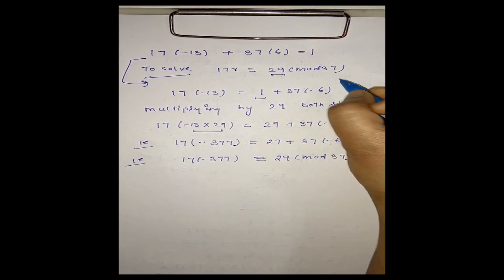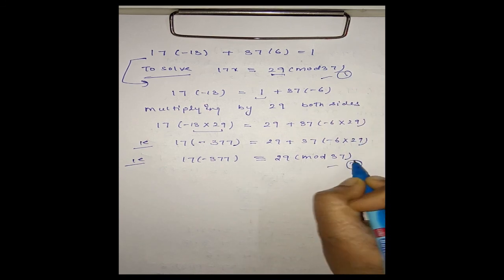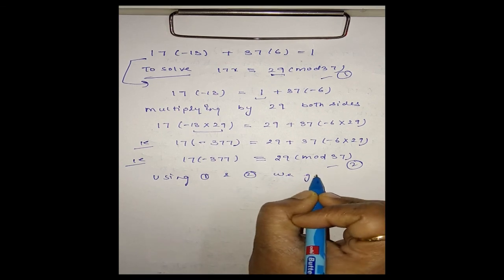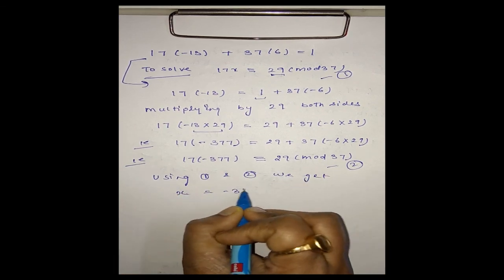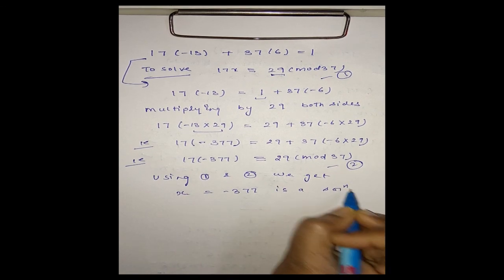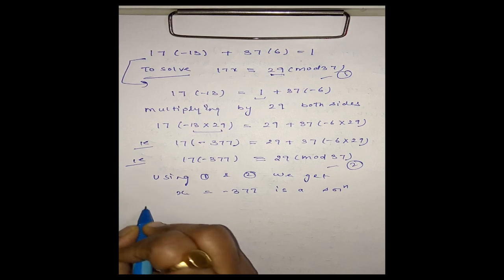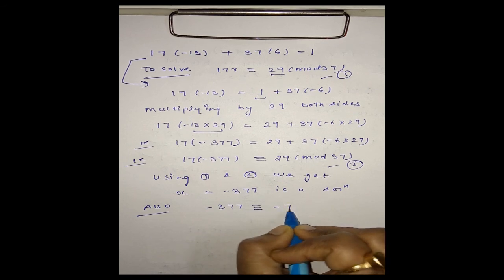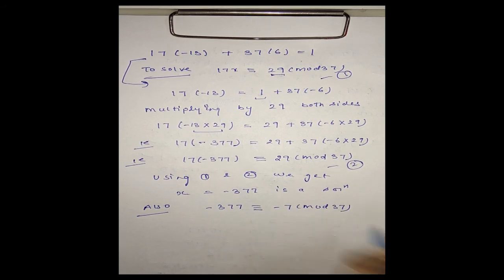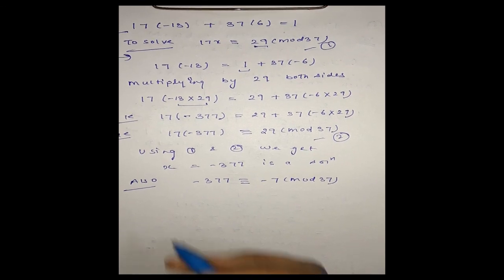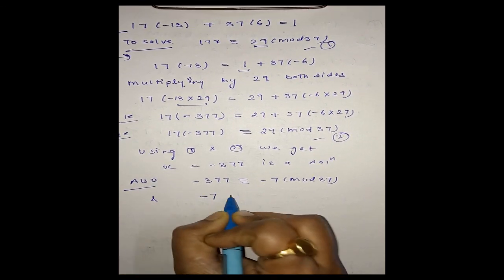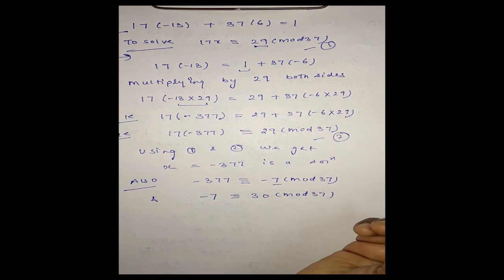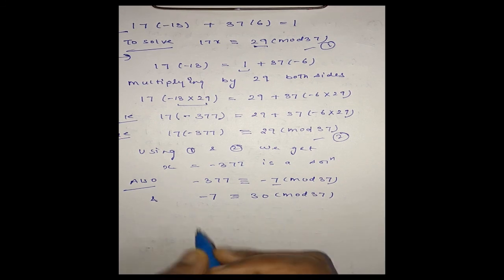Clear? Now using 1 and 2 we get x is equal to minus 377 is a solution. Okay. Also minus 377 is congruent to minus 7 modulo 37, and minus 7 is congruent to 30 modulo 37, since we want our answer free from negative sign.